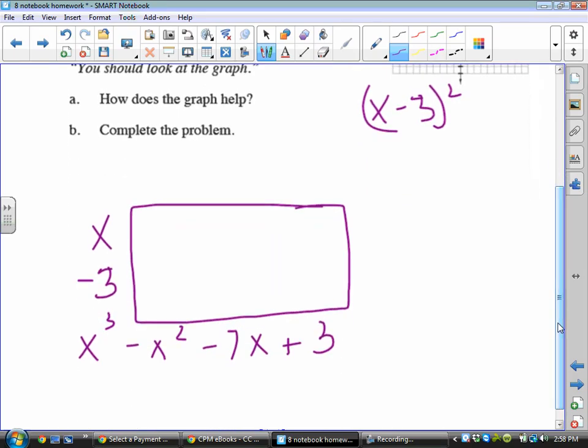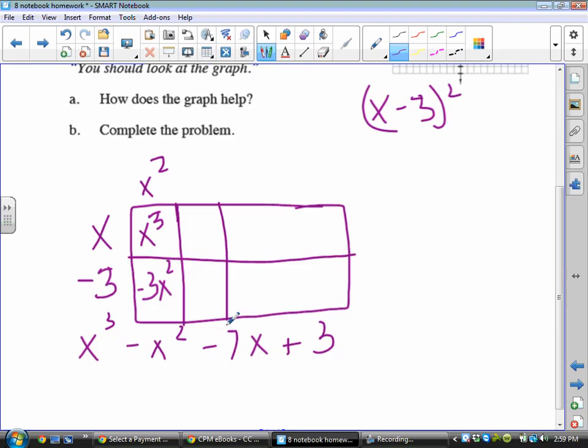So to do my polynomial division, I know this first box should be my leading term of the cubic, so x to the third. So x times x squared would give me x to the third. Now I know x squared, so I'm going to multiply x squared times negative 3, giving negative 3x squared.